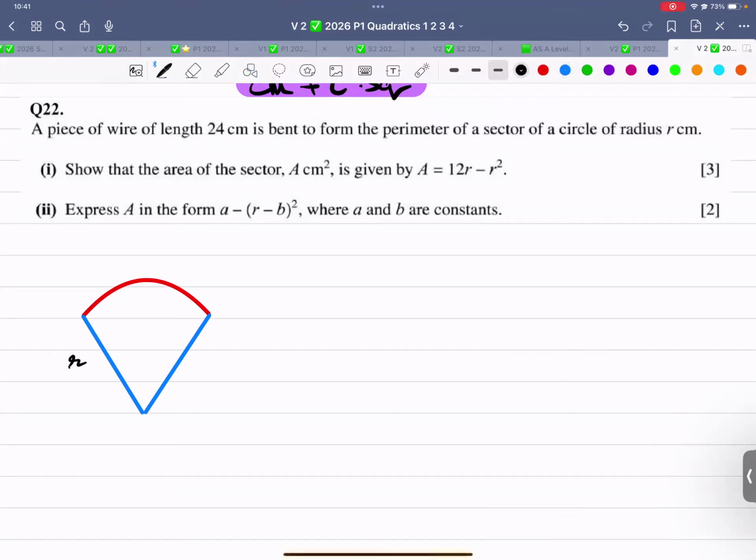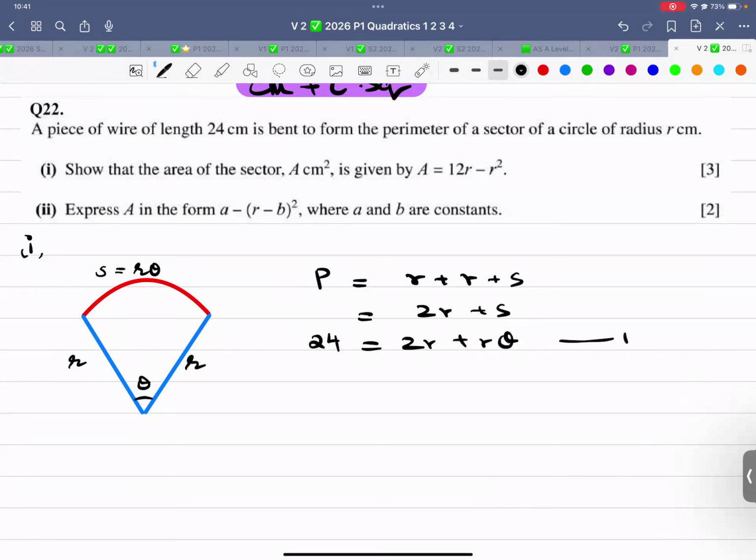Radius is r. No mention of angle, but you have to use it yourself. And this arc s is equal to r theta. So now for the first part, the perimeter is r plus r plus s, which is 2r plus r theta. How much is the perimeter?